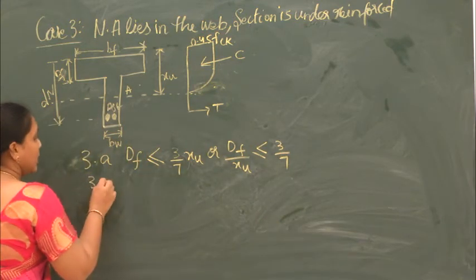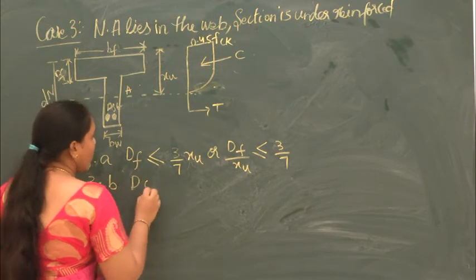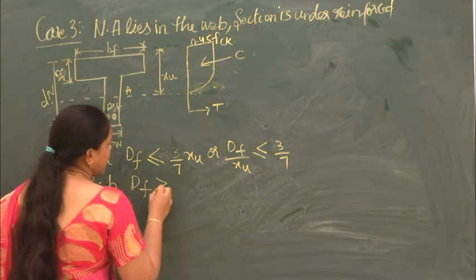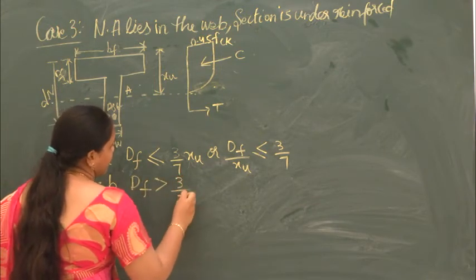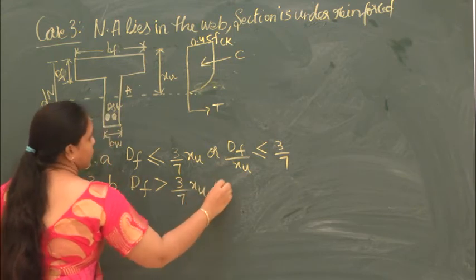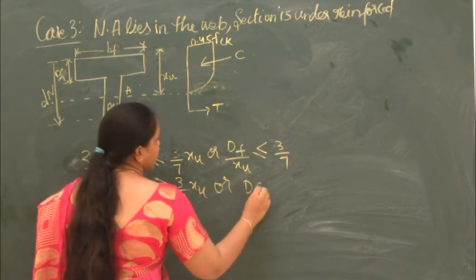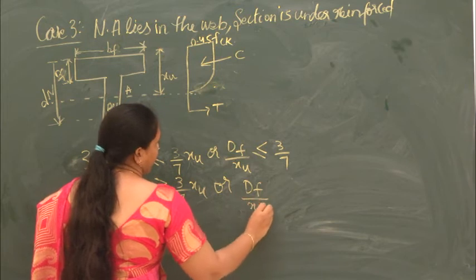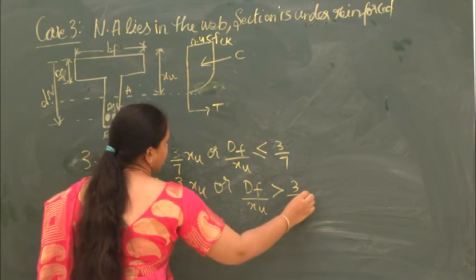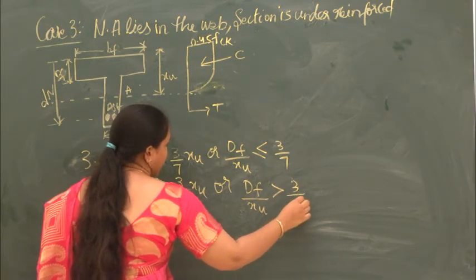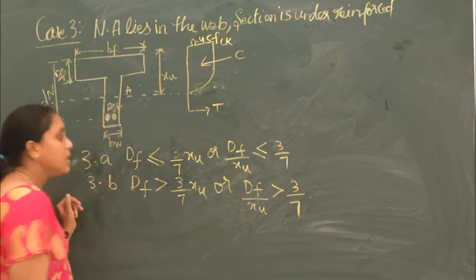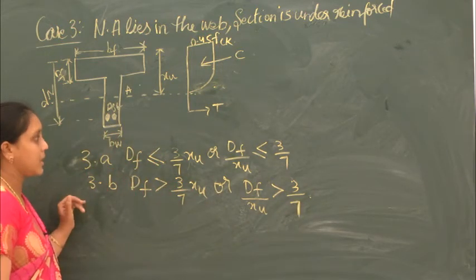And the other one is when df is greater than 3/7 xu, or you can also write it as df by xu is greater than 3/7. Similar cases as we had previously.